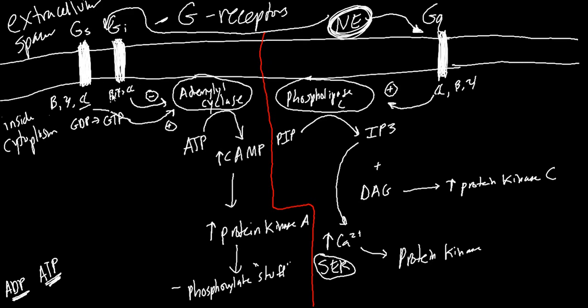Doesn't matter which alpha you're talking about, alpha units. Those alpha units, so an alpha unit that's specific to the Gi receptor is going to inhibit. Gs is going to stimulate adenylyl cyclase. Gq will do phospholipase C and convert downstream effects. The downstream effects, that's all this is.